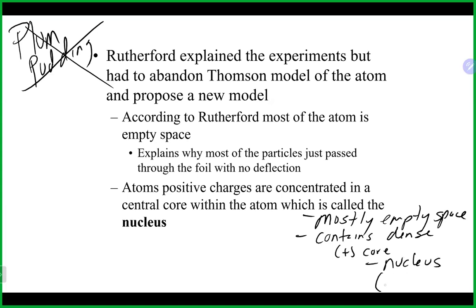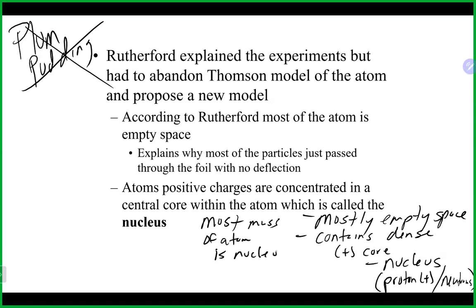And later experiments, as we'll talk about, show that's where we find our protons, which are positive. And then in 1936, neutrons were also found there, which have no charge. And the next really major difference between the plum pudding model and the current model is that most of the mass of the atom is the nucleus.